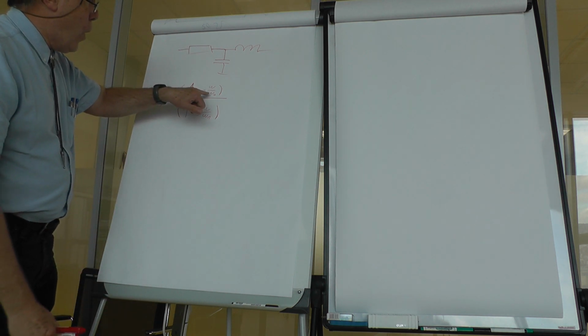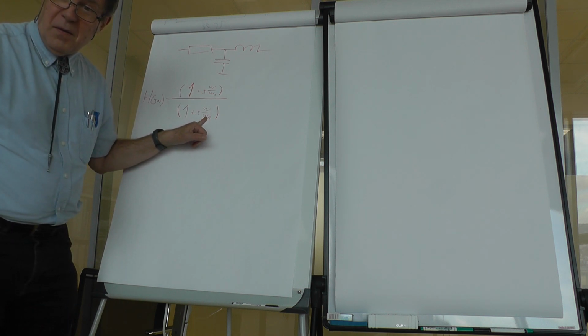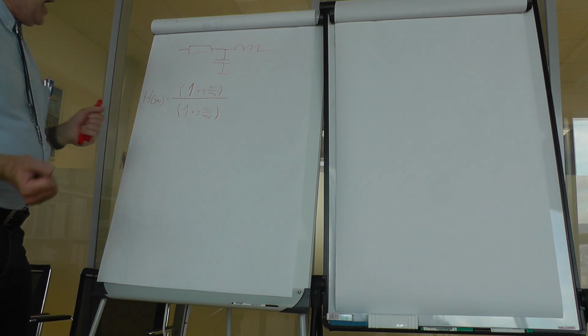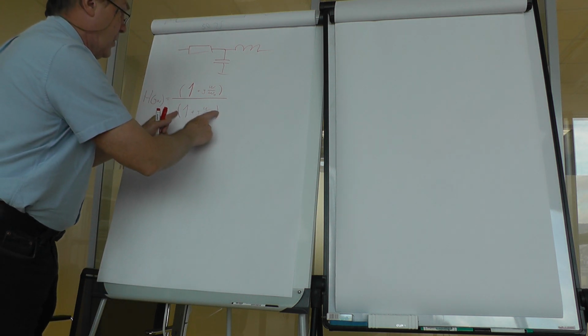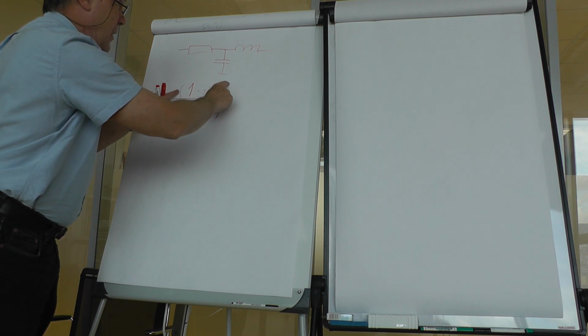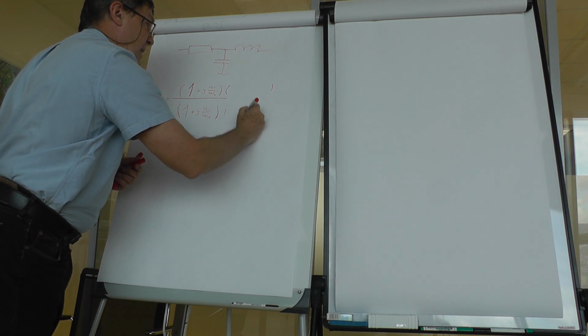It has 1 zero and 1 pole. More complex circuits could have several zeros and several poles, so that there would be more brackets in numerator and denominator.